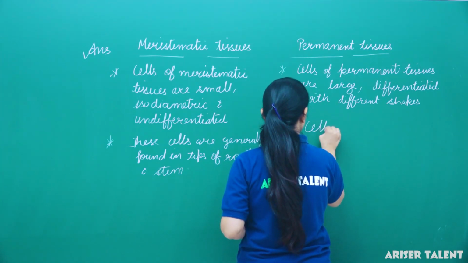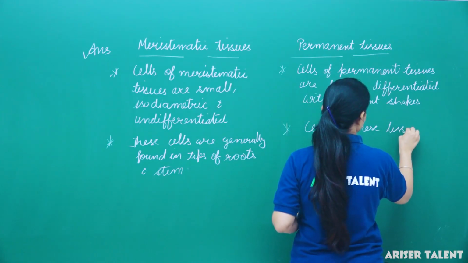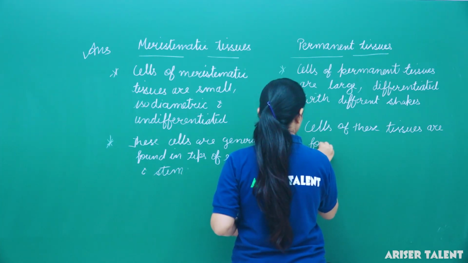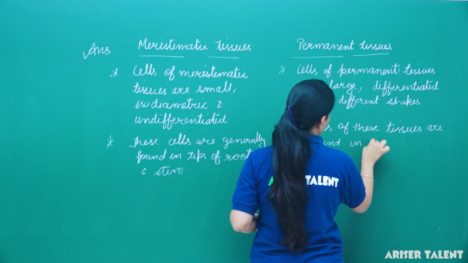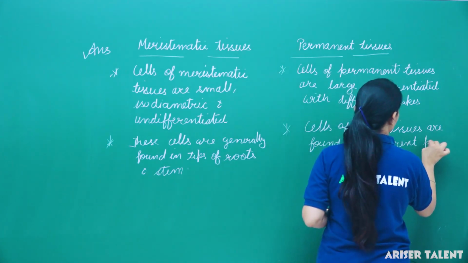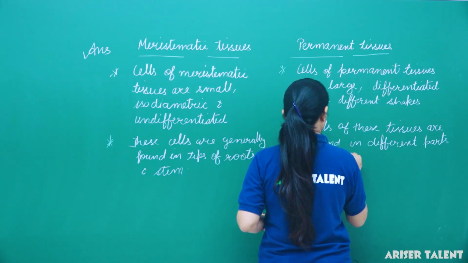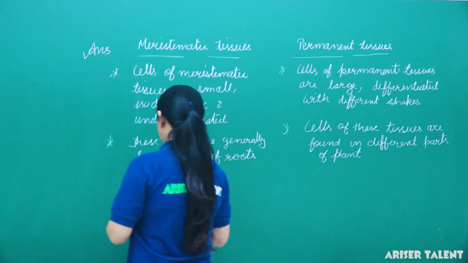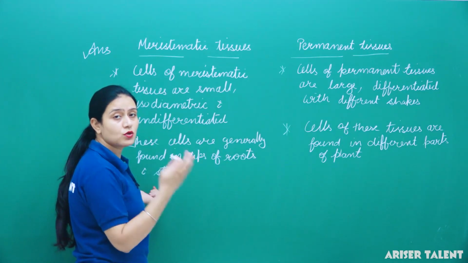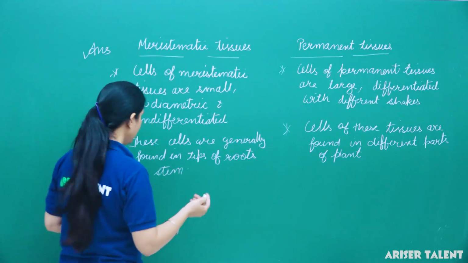Cells of these tissues are found in different parts of plants. Besides, if we talk about the intercellular space, then there is no intercellular space in the cells of meristematic tissues.